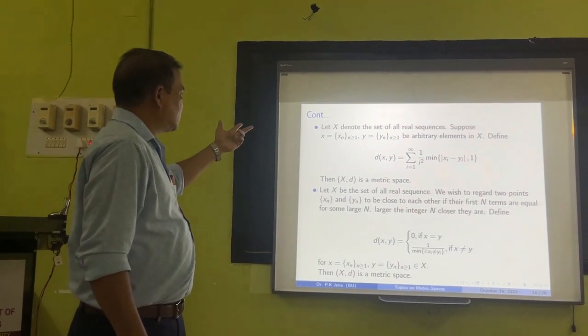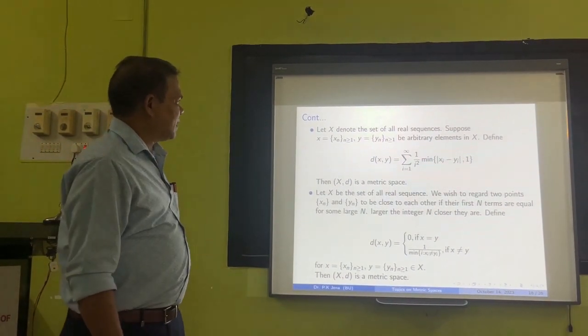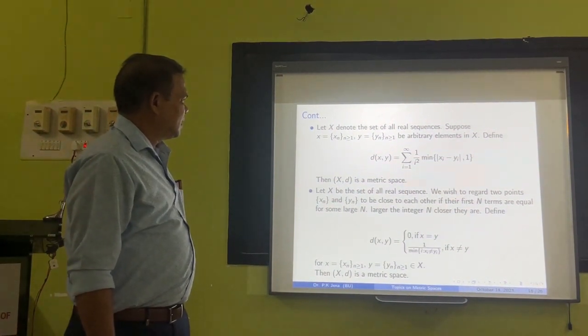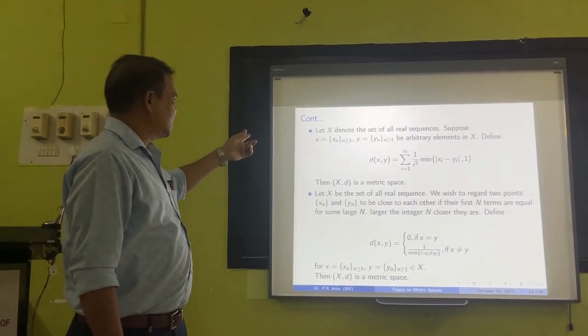Okay, we'll consider the next set. Let X be the set of all real sequences. Here the elements are sequences.